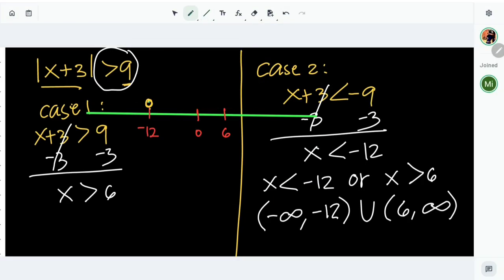So it should be open because negative 12 is not included, and then to negative infinity. And then 6 should be open to positive infinity. So that's how you graph that. Okay, no questions on this?